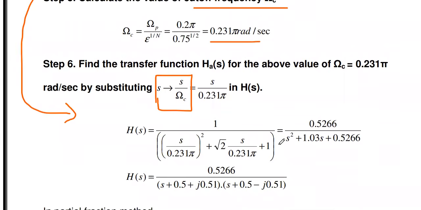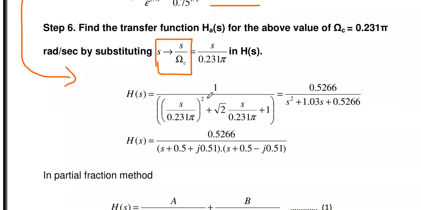So we can get 1 by (s by 0.231 pi) the whole squared plus root 2 into (s by 0.231 pi) plus 1. Then you take LCM, we can get the equation as 0.5266 divided by s squared plus 1.03 s plus 0.5266. So this is the analog transfer function of our Butterworth filter for the given specification.